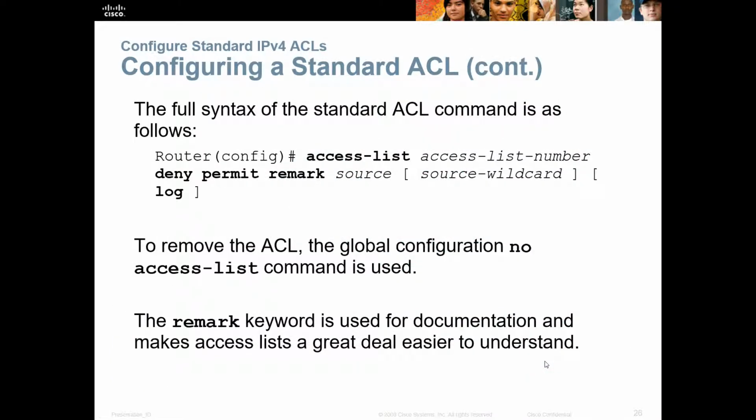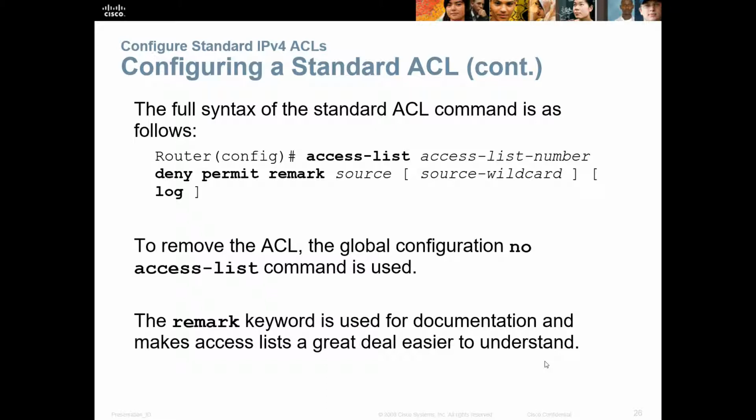So the full syntax of a standard ACL is access-list, a number, deny, permit, or remark. You have to tell it which one, the source address, and the source wildcard. If we want to get rid of that access list, we type no access-list and the number. Deny and permit are pretty self-explanatory. What about remark?